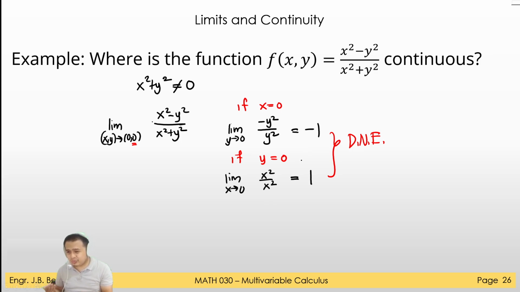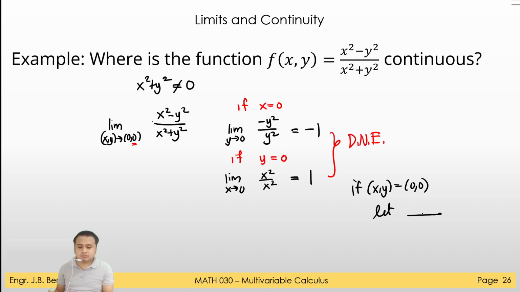Well, although we can set a value for this. Let's say this is the function. We can set this at this discontinuity. We can set if xy is equal to 0, 0, we can let the value of this f of xy is equal to blank, if you want, like say you want this to be 0, you want this to be 10, and so on. So it depends on the person, no.